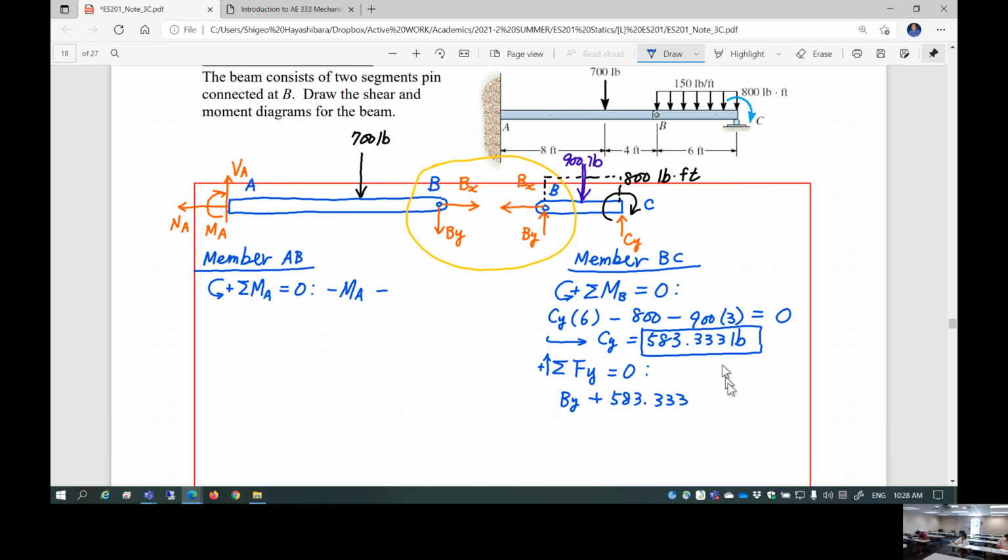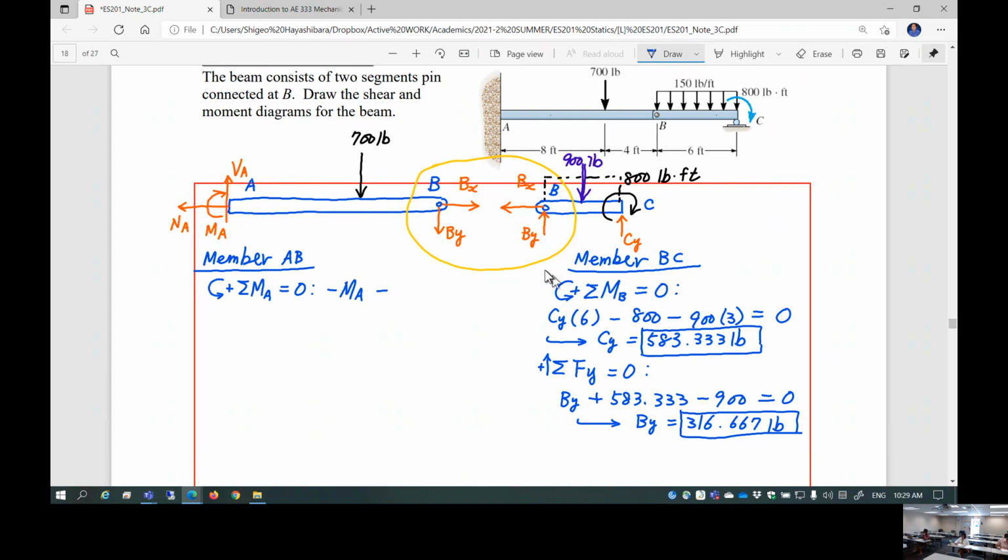And then this is the result, negative 900 pounds, set equal to 0. Okay, this is going to give you By. By is now 316.667 pounds. Those are quite important information because now we know this By.